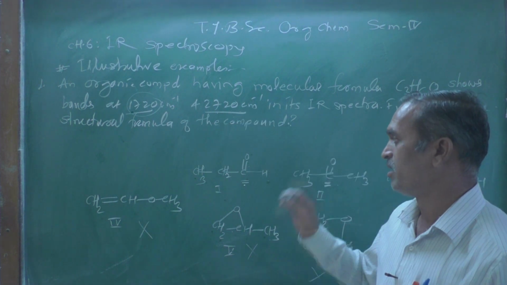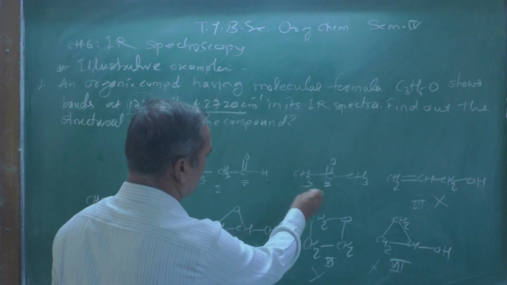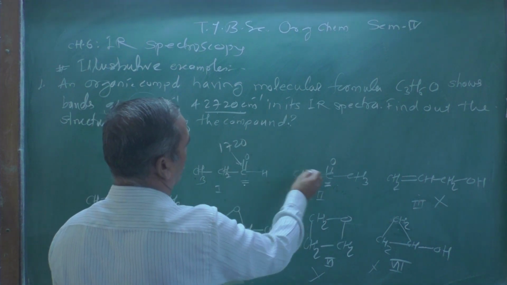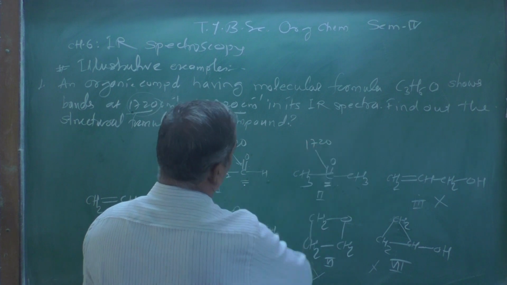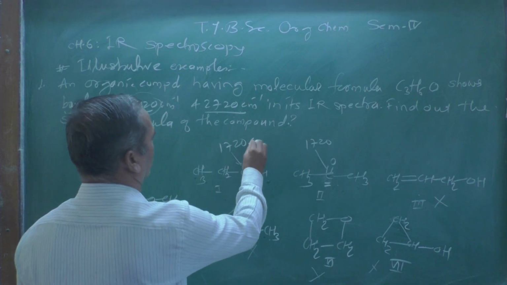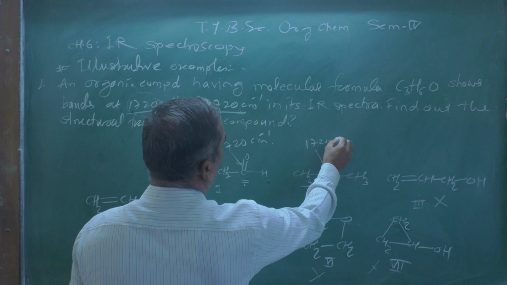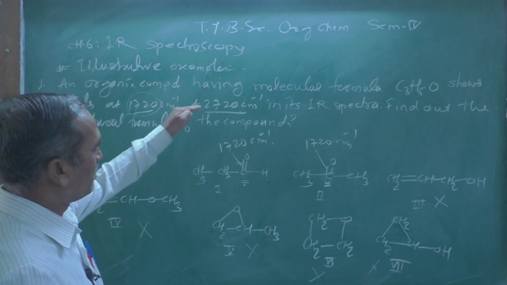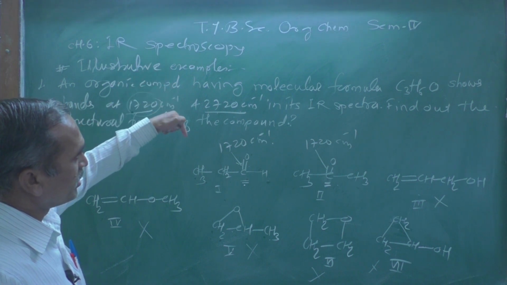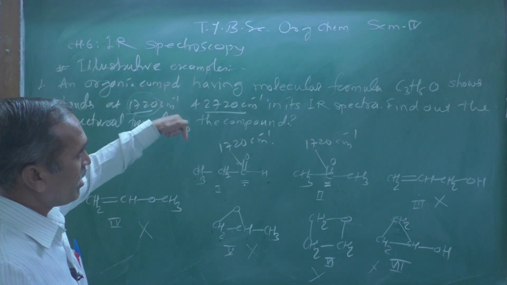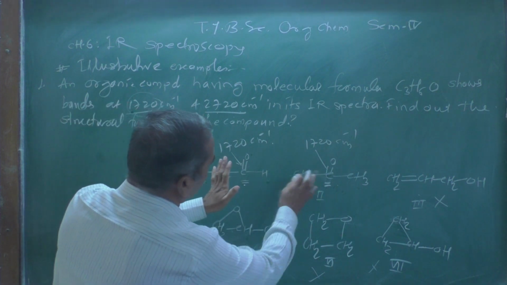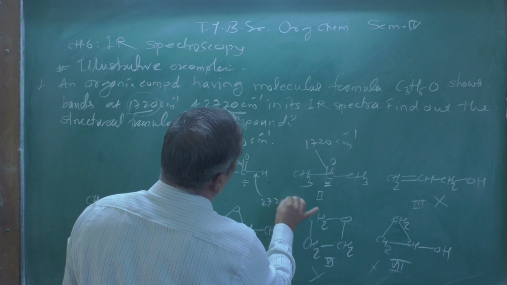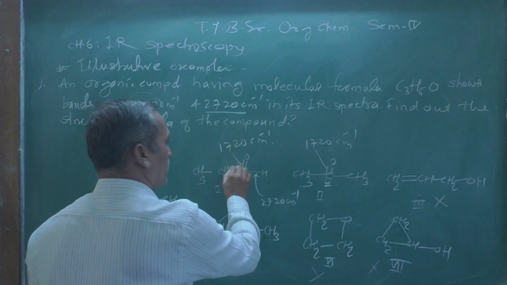Look at here, now among these two, one appears around 1720 per centimeter, this is also 1720 per centimeter, but an additional recognizable peak among these two is due to the aldehydic 2720 per centimeter, and both the peaks are present.